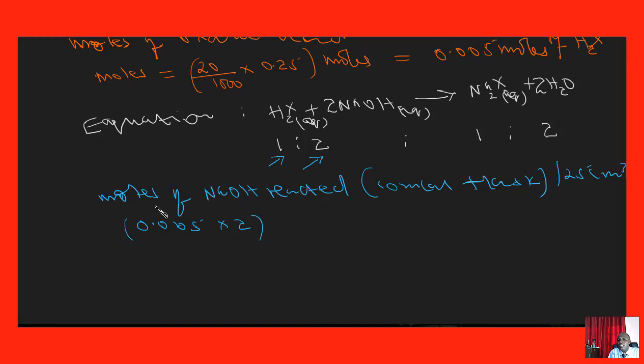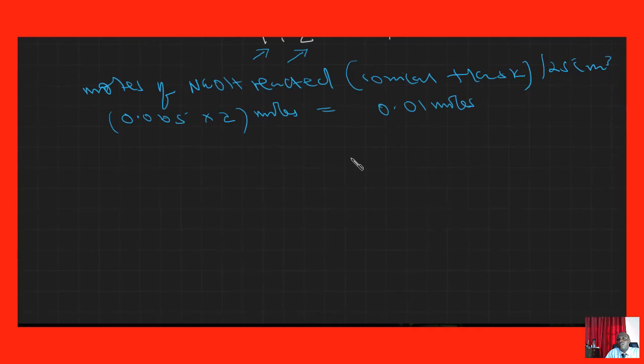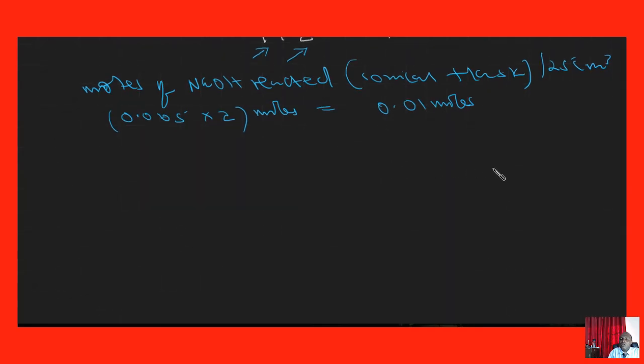The number of moles here becomes 0.01 mole. So those are the moles we had in our conical flask, or those which were neutralized by oxalic acid. Now we want the concentration.